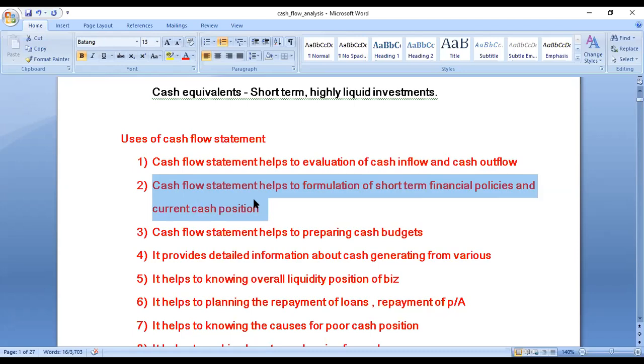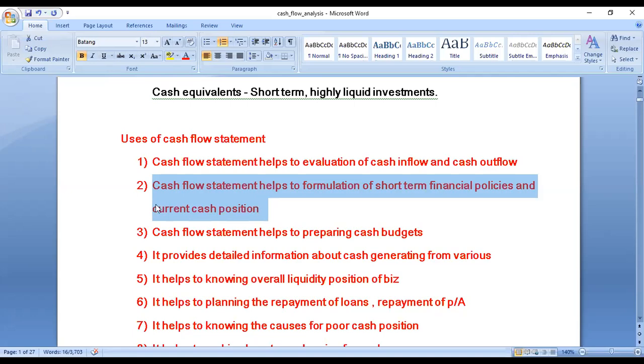Which rules and regulations are required for the organization for maintenance of cash balance for the short term? Short term is nothing but less than 1 year, and the current cash position of the enterprise. So the first one is it helps in evaluation of cash inflow and cash outflow. Second one is it helps the organization in formulation of short-term financial policies and current cash position.